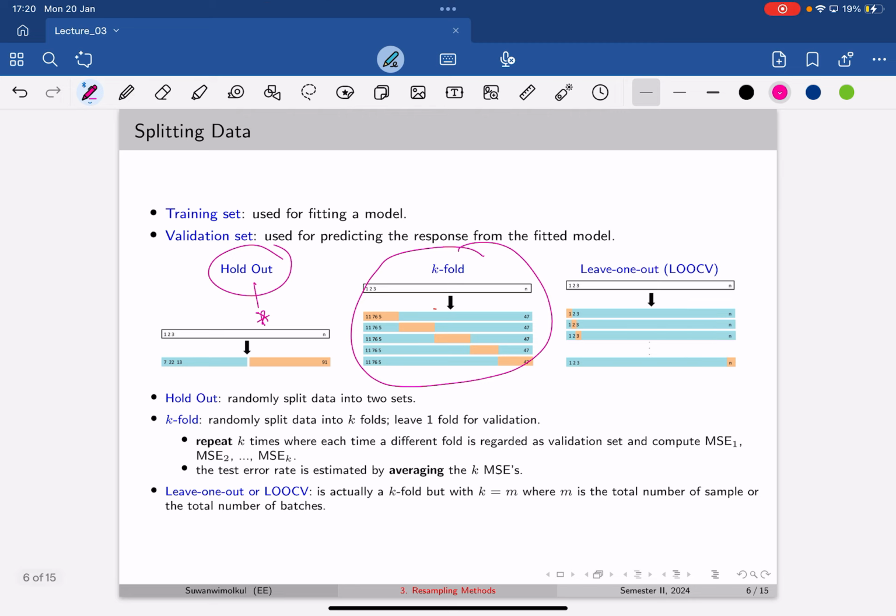For the leave one out, I personally find that, and we will talk about this, this one is very computationally expensive in terms of how many times you have to run it, but we will go over all of that.